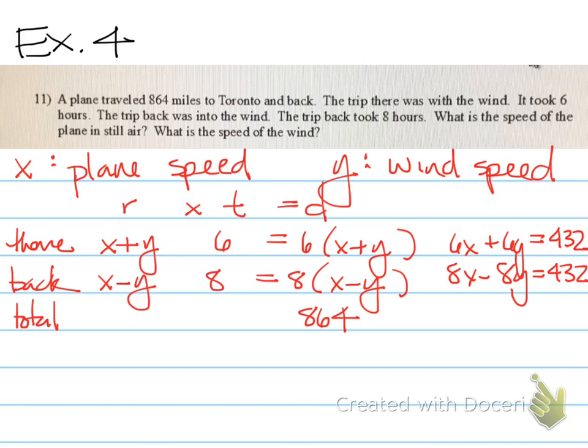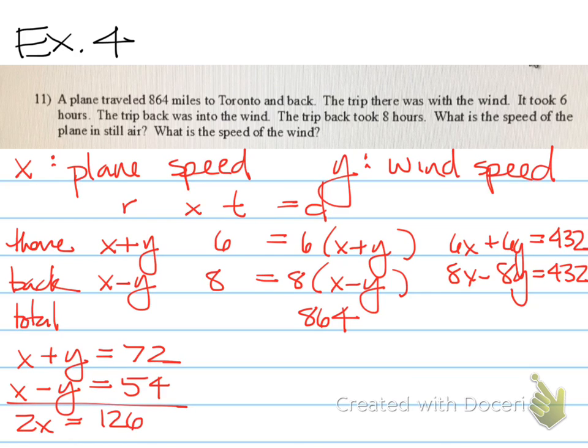So what I did was I divided the first equation by 6 to get x plus y equals 72, and then divide the second equation by 8 to get x minus y equals 54. Now I can easily eliminate the y's by just adding the two equations. It's going to give me 2x equals 126. And so x equals 63.